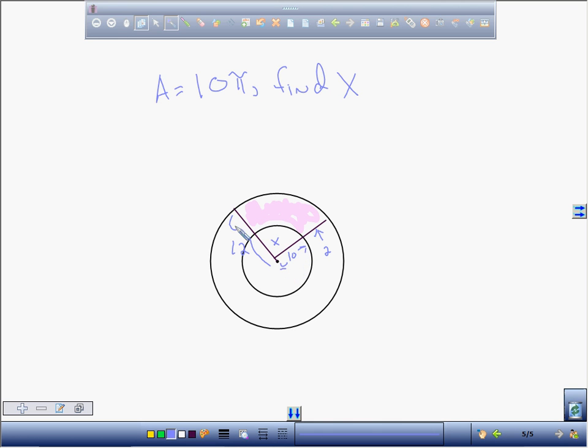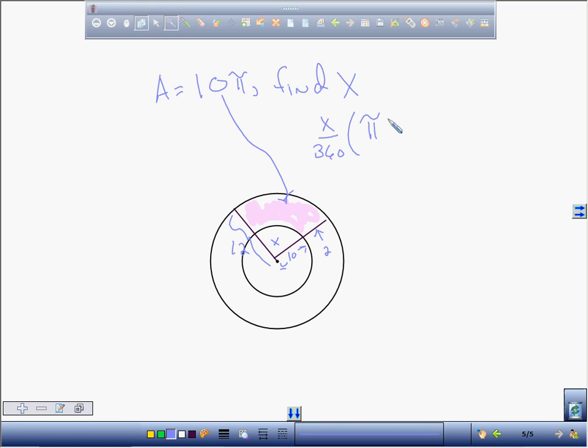And so what you know is that the area, A, equals 10 pi. Is that for the whole circle? Yeah, no, for this sector. They give you that the area of this little piece is 10 pi, and they say find X. So what you have to do is go X over 360 times pi big R squared.